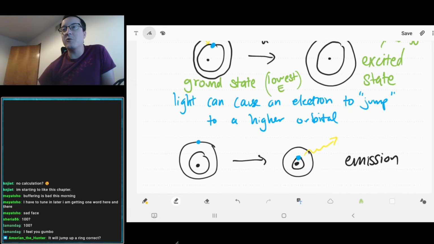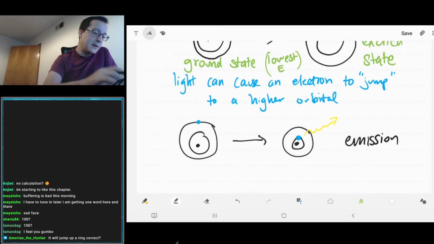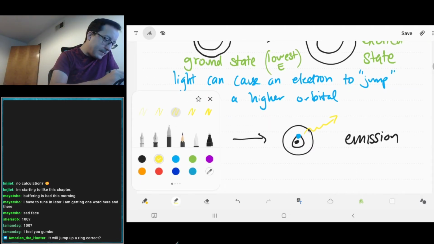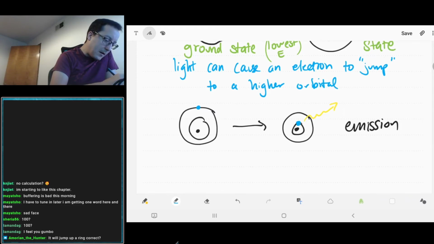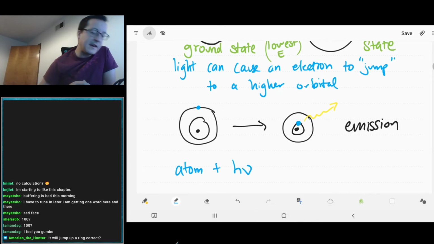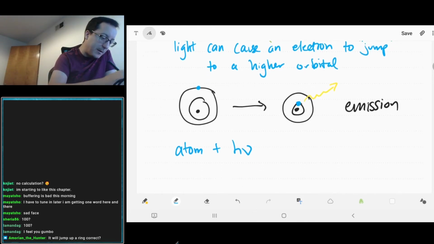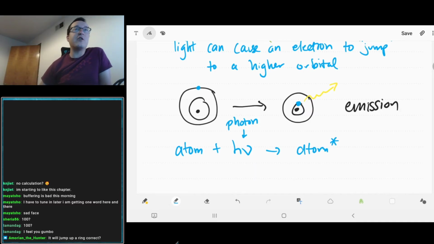We will have other ways that we can talk about this. And notice, I was very careful to use the same color here. So what we're seeing here is we have the atom plus a photon, which is often abbreviated h nu.